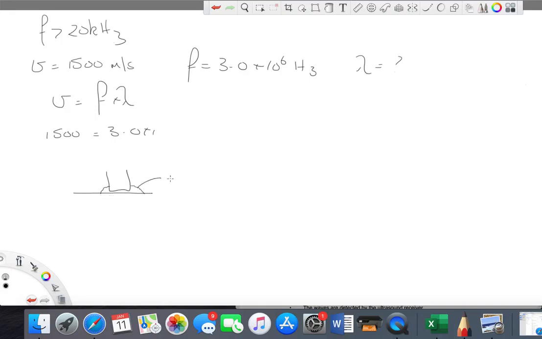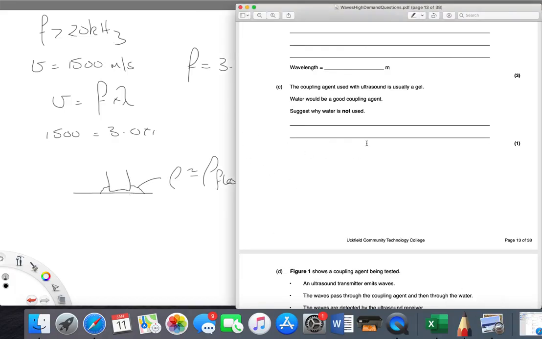And the density of this is approximately equal to the density of the flesh that you're trying to fire it into, for example. And obviously you want that to just sit there while you're working. So that's the idea behind the coupling agent, that it will have the same density as the substance you're trying to fire your ultrasound into.